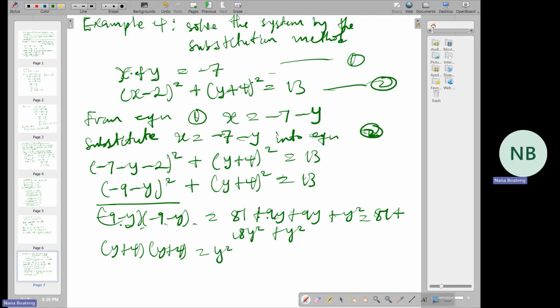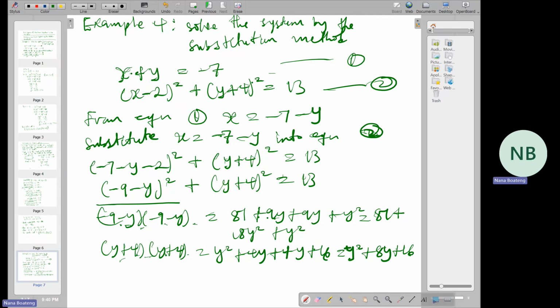Y times 4 is 4y. 4 times y is 4y. 4 times 4 is 16. So this becomes y squared plus 8y plus 16. All right, so now we can add both up and simplify.